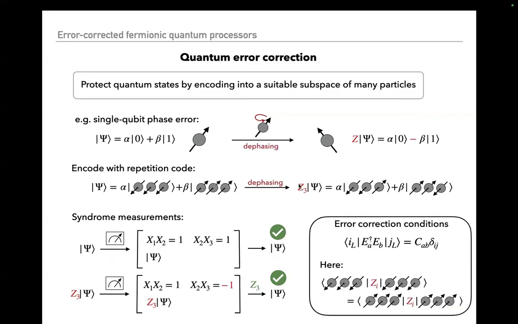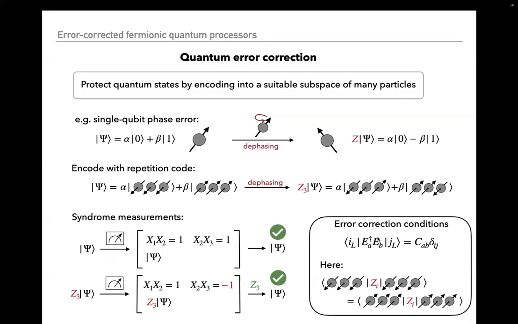More generally, there's a set of error correction conditions which tells you whether your logical states, denoted i or j, form a suitable code for the errors E that you label with an index.